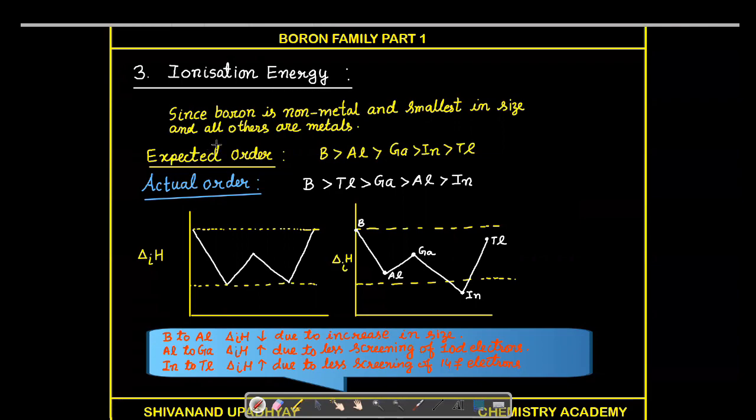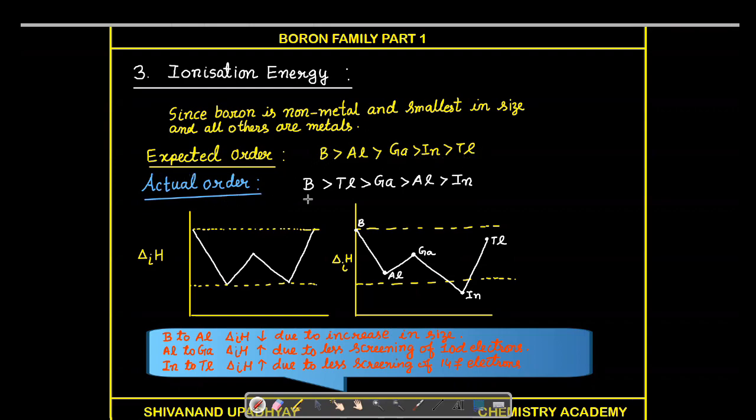So it is expected that since boron is a non-metal and the smallest in size, the ionization energy for boron should be large. And as we move down the group, the others are metals, so the ionization energy should decrease. So the expected order is boron, then aluminium, then gallium, indium, and thallium. This is the expected order for ionization energy.